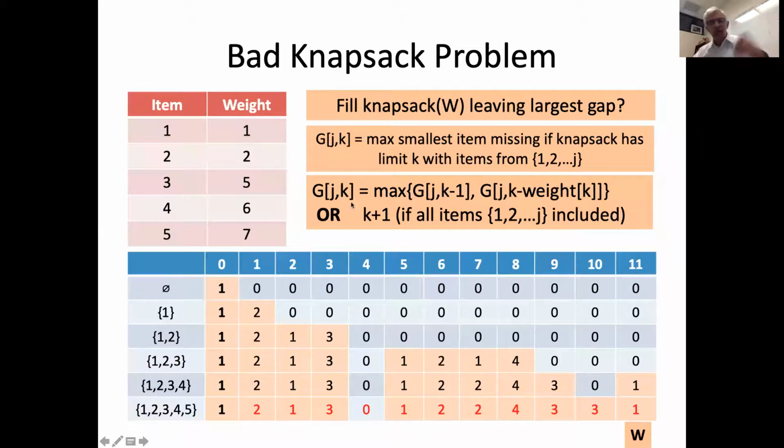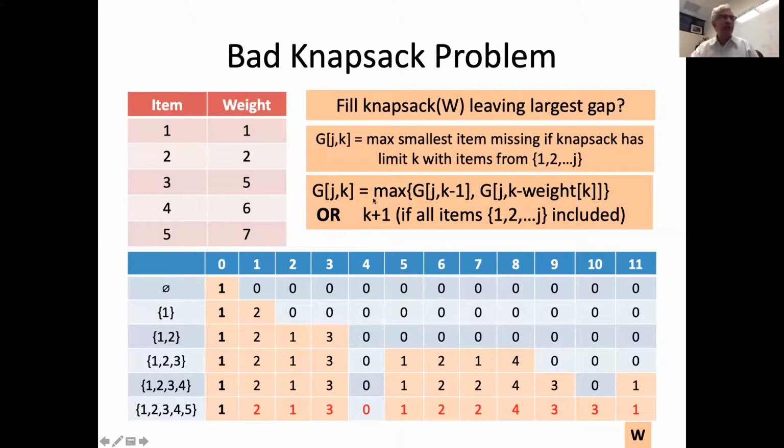By the way, I'm calling this matrix G instead of M. G of JK is either the max of whatever was on the previous row, which of course I've written wrong. I've written it as JK minus 1. It's actually J minus 1, K, right? Or it's from the previous row, J minus 1, but K minus weight K. I want to take the larger of those two.